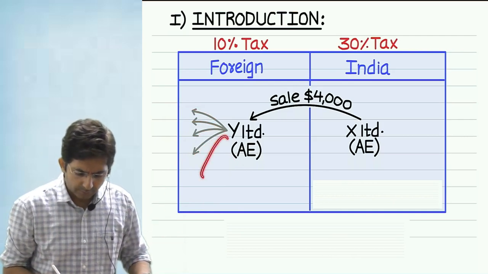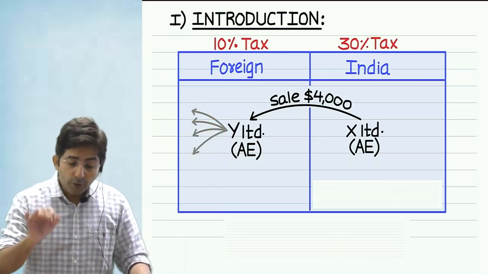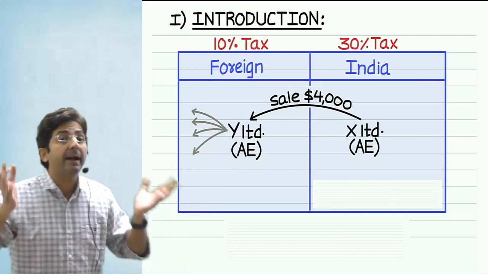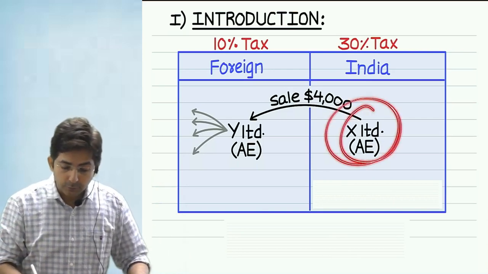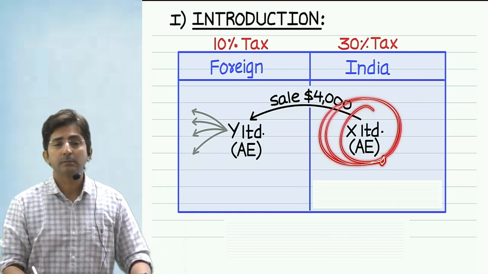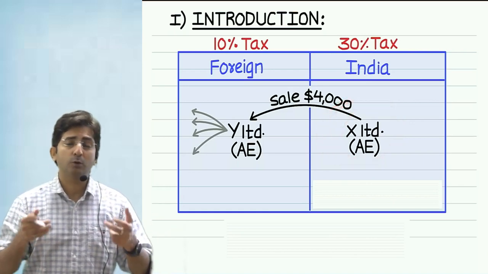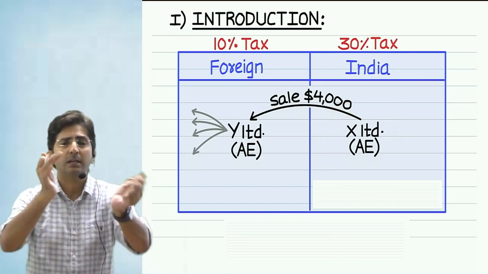So Y Limited will sell to the ultimate customer. So here you need to first think: why? What is the reason that X Limited is not selling the goods directly to the foreign customers? Our target is to sell the goods to customers, and usually a layman would directly deal with the customers.